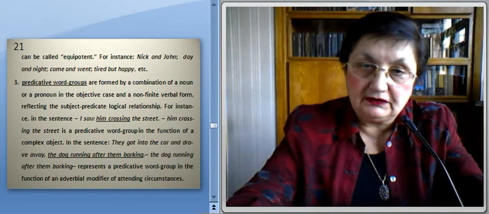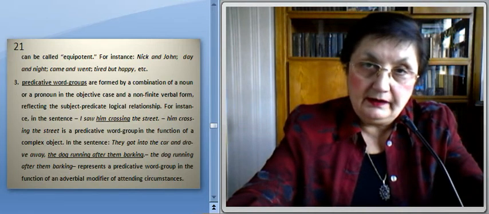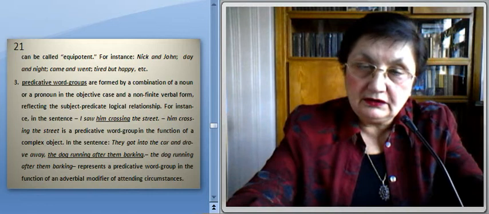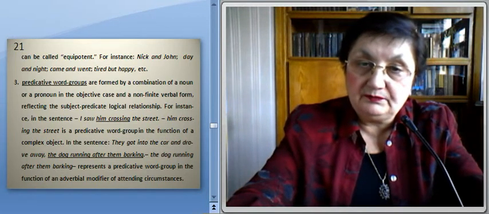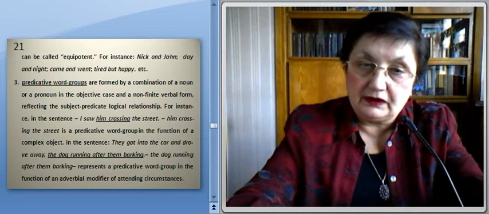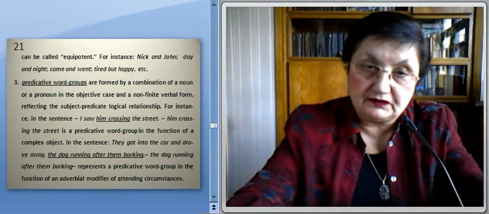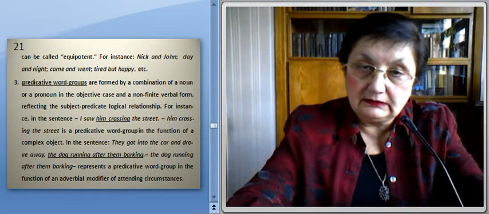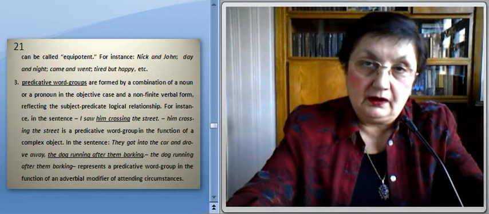In the sentence "They got into the car and drove away, the dog running after them barking," "the dog running after them barking" represents a predicative word group in the function of adverbial modifier of attending circumstances.